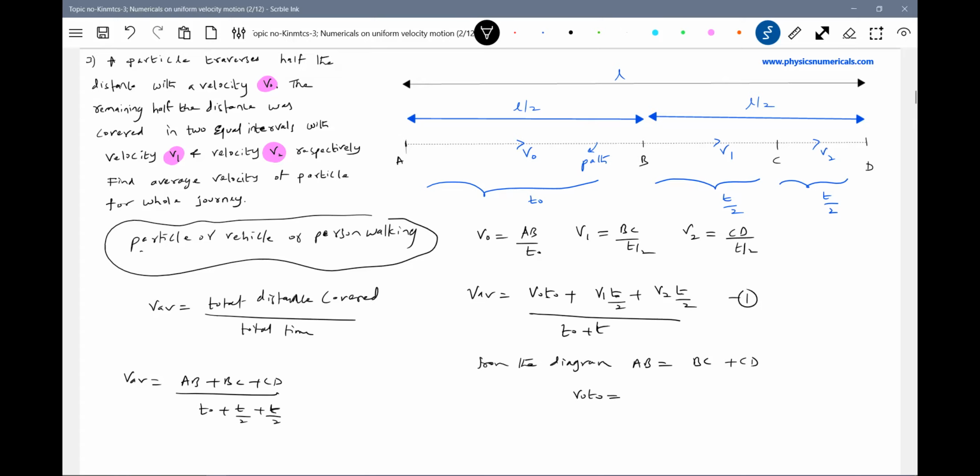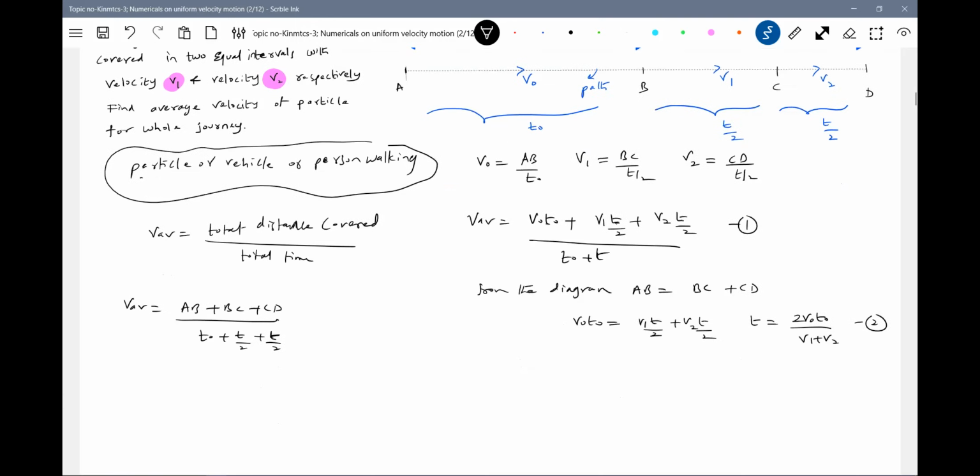V naught T naught. What is BC? V1 T by 2. CD is V2 T by 2. So the expression for T will be 2 V naught T naught by V1 plus V2. Let me call this equation 2.